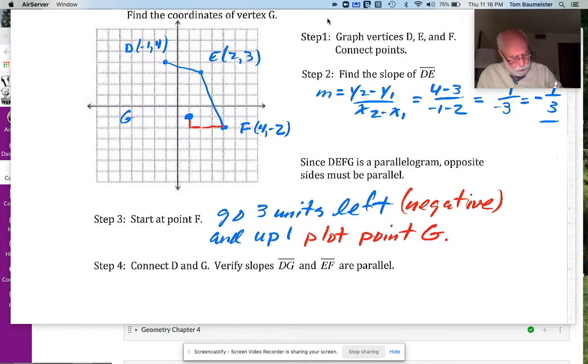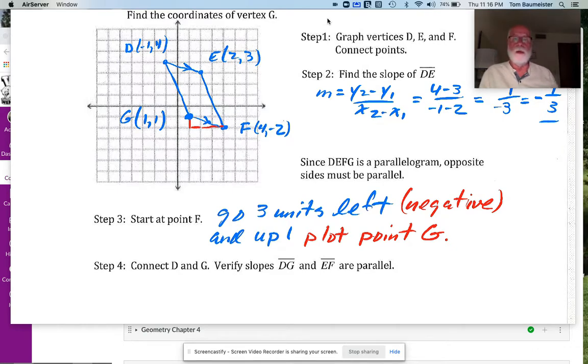We're going to call it G. And it looks like our G point is at what? 1 and negative 1. And then we are going to finish our parallelogram. All right. So what did we just do? We just showed that this line here by the slope is parallel to this line here.